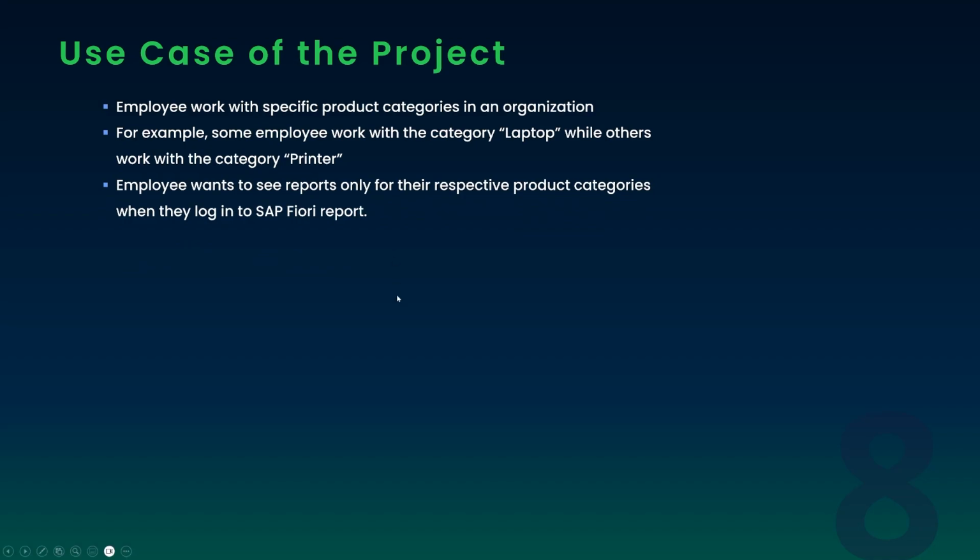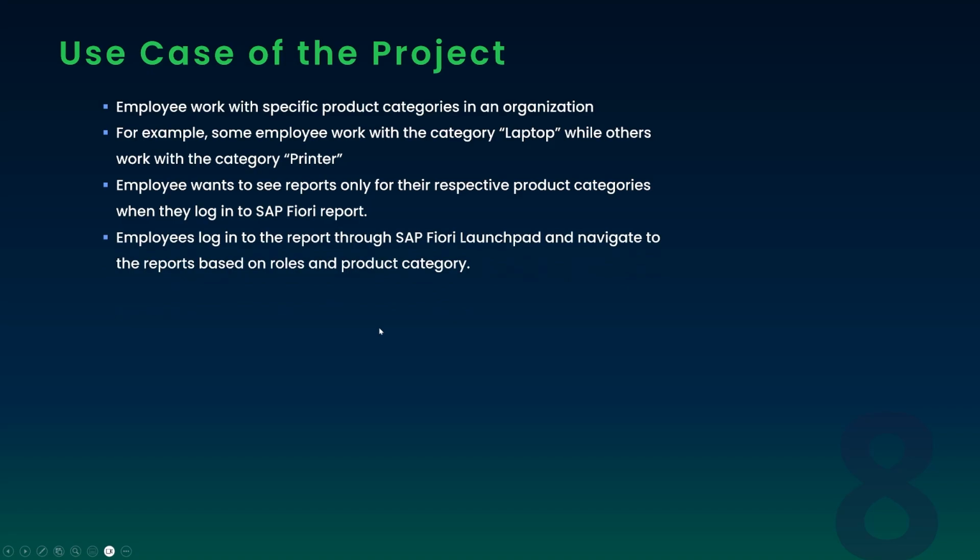So an employee wants to see reports only for their respective product categories when they log into the Fiori reports I described. Everyone logs in to the report through SAP Fiori Launchpad and navigates to the reports based on the rules and product category.